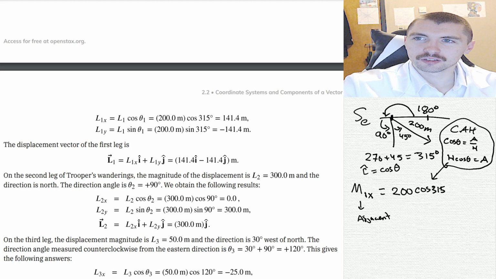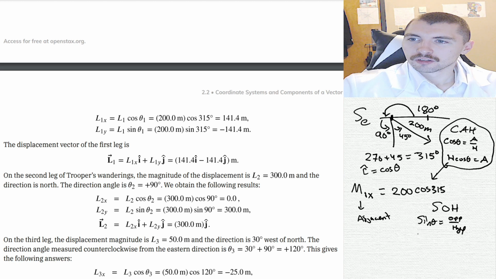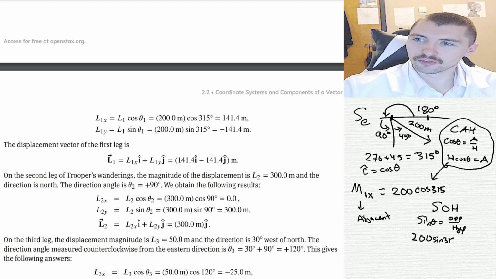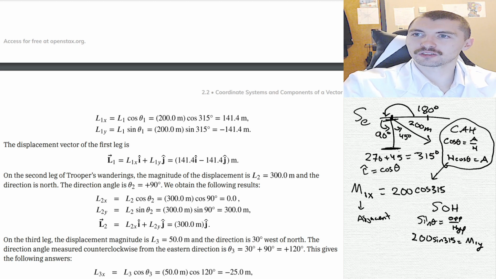Okay. So now you want this. 200 sine 315 equals m, the y component of our first move, which is going to be this. Okay.